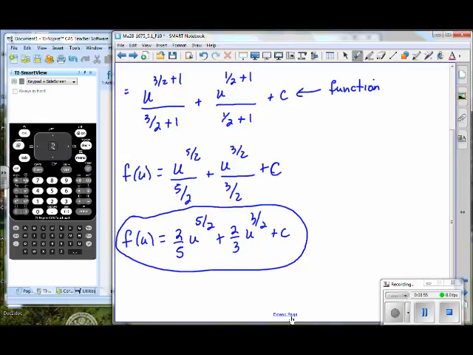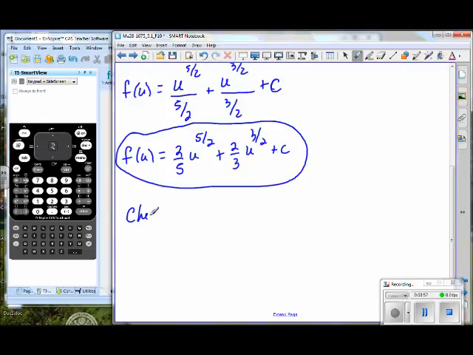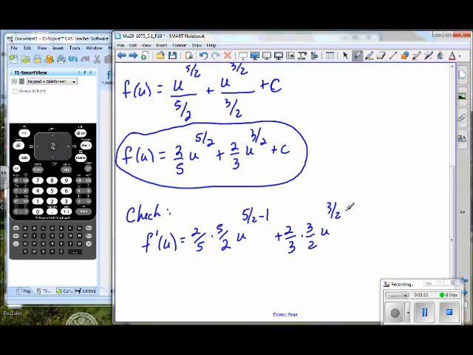And so this would be our answer. Again, to check this, we would need to take the derivative. And if we take the derivative of this function, we would have 2/5 times our exponent, our coefficient times our exponent, and we would subtract 1, plus the next term would be 2/3 times the exponent, and raise it to 3/2 minus 1.